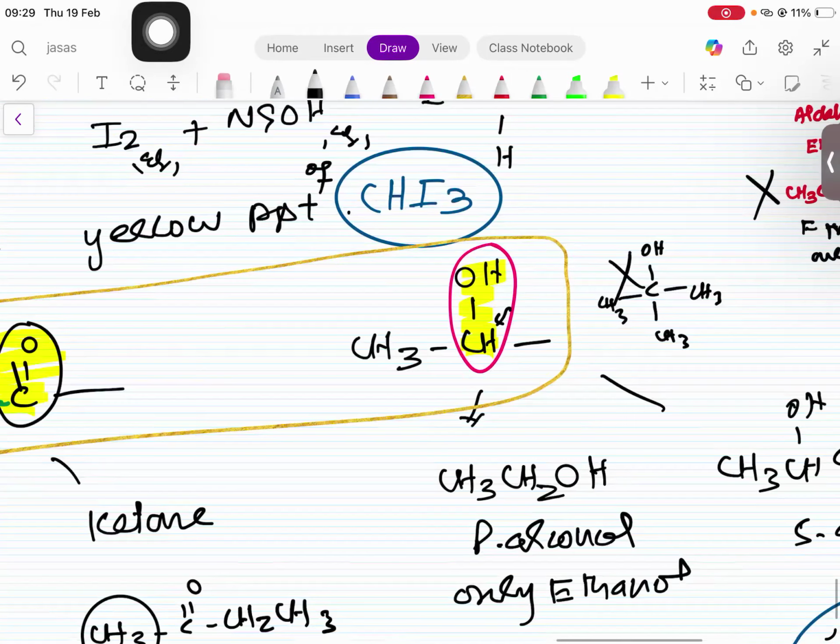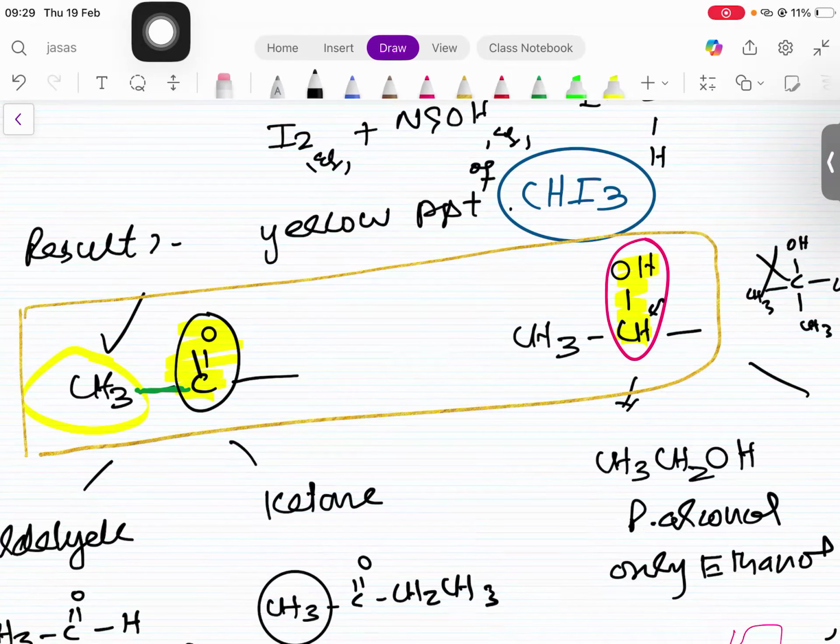So if I sum it up, primarily you have to remember this: if CH3 is next to C double bond O, and CH3 is next to CHOH, then on adding iodine, what appears? Yellow precipitates. But if you think of the functional groups that give this test positive, you say okay, primary alcohol yes, but only one.